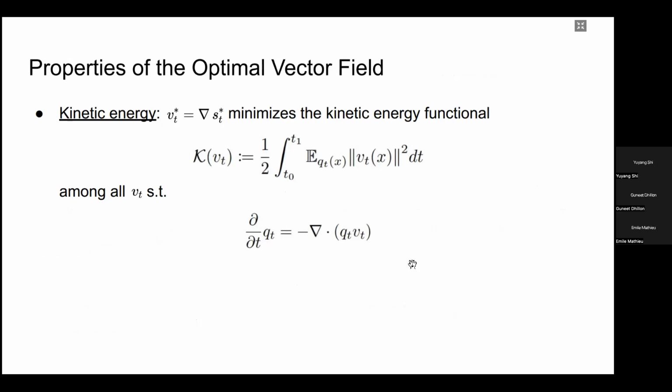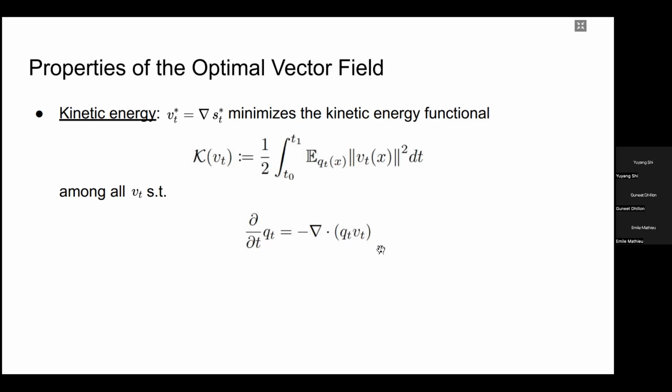The first thing is that this solution v_t star equals the grad of s_t star minimizes the kinetic energy, which is defined here to be the integral in time of the squared norm of v_t, taking expectation with respect to q_t, the true data distribution at time t, among all v_t. So this grad of s_t star is the minimizer of this kinetic energy, among all v_t such that the continuity equation is solved.